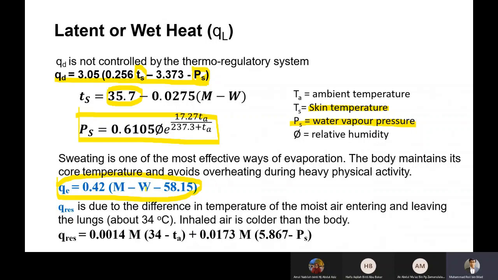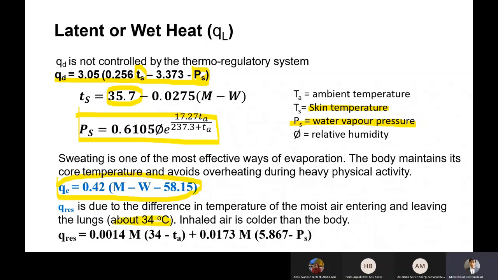And finally, respiration. As I explained last week, it is because of the difference in temperature between your body and the air. When you breathe, for example, you inhale at 25 degrees Celsius, and because your body temperature is close to 36.6, the air will be heated in your lung, and when you exhale, the temperature of the air increases to about 34.